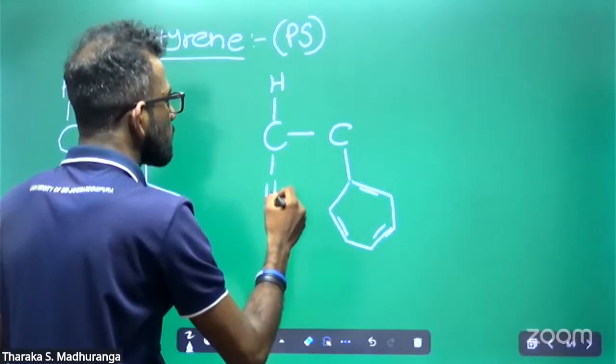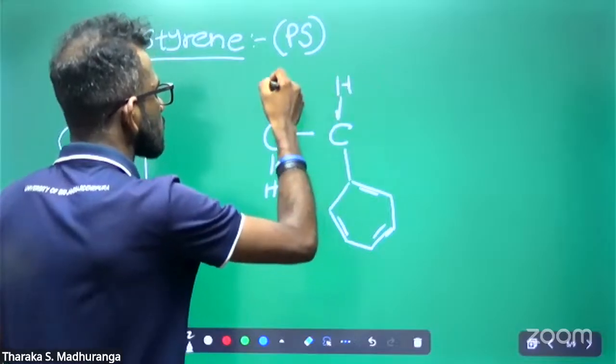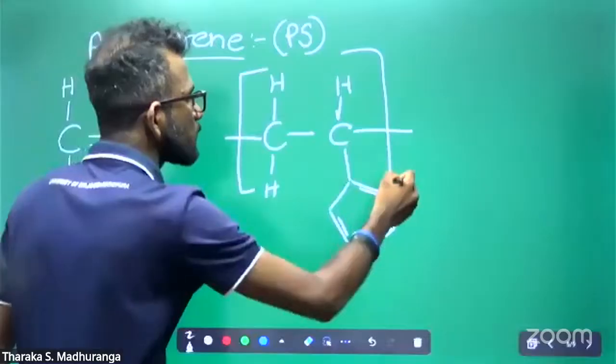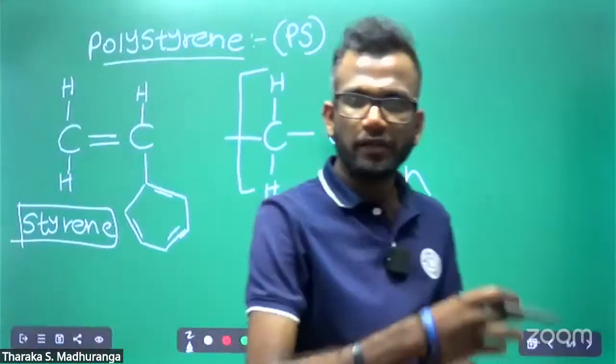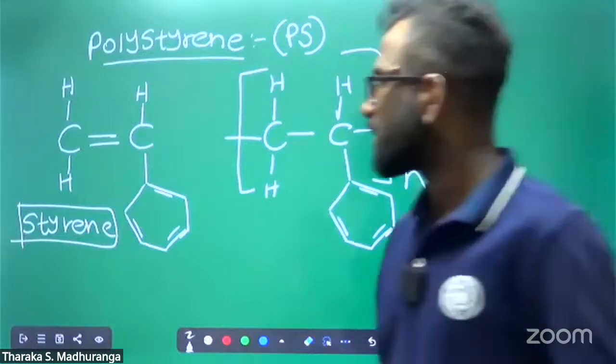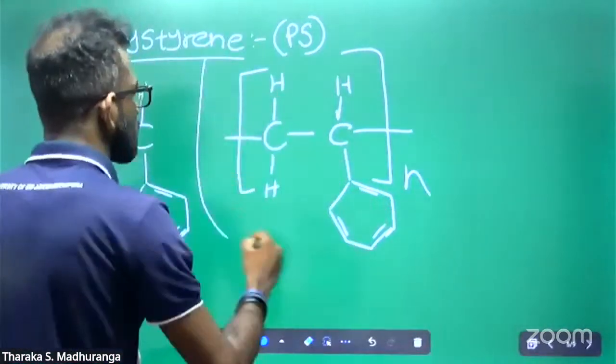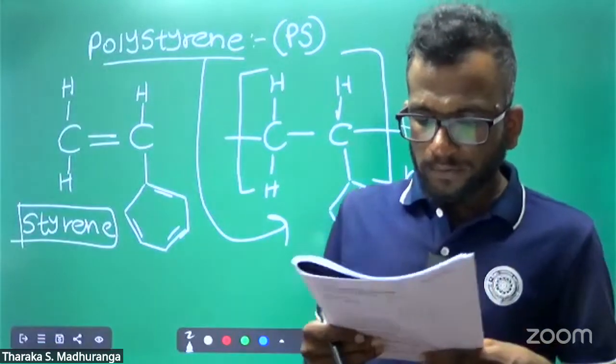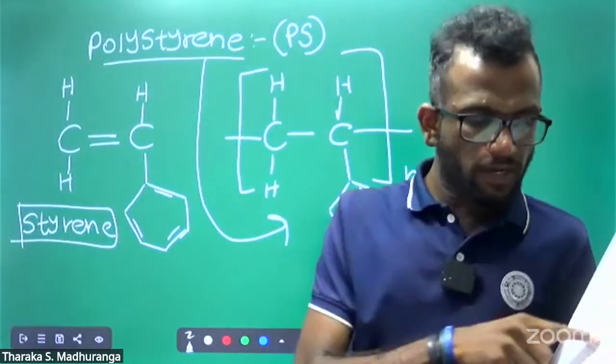One double bond is broken down, then to become stable, it combines with others. That's polystyrene. I have given the structure.